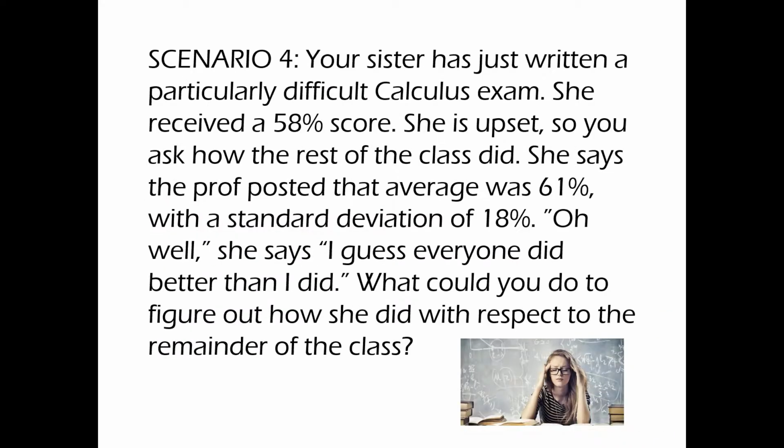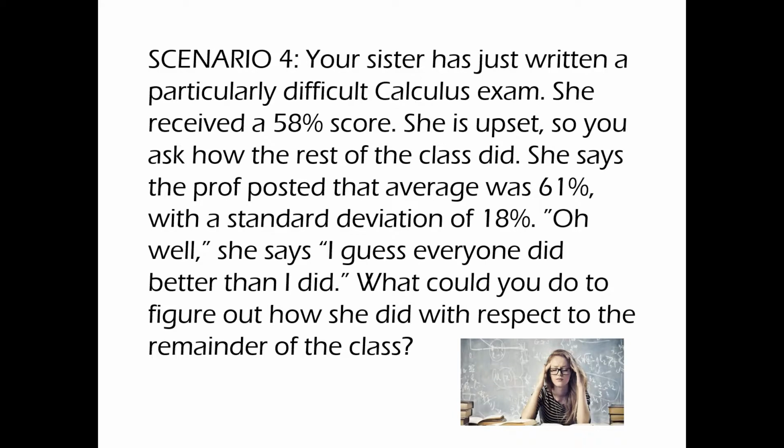Now let's look at scenario 4. You can pause here to read the details. Meanwhile, please think about what type of test we should use here. In this case, only one variable is involved, which is the score of the calculus exam. What we want to do here is to compare one measurement from a person to the population distribution of measurements.